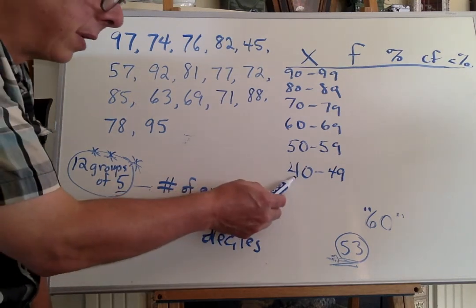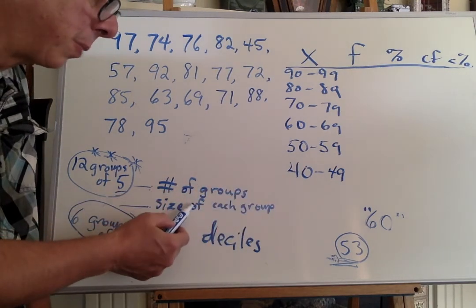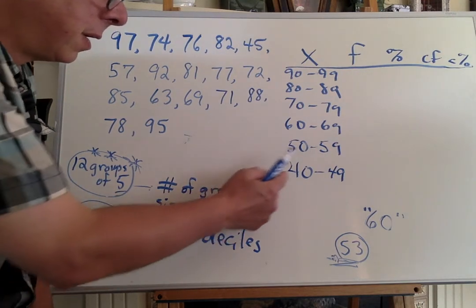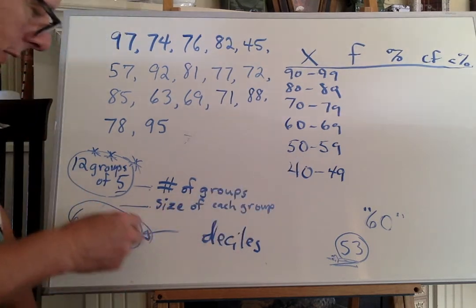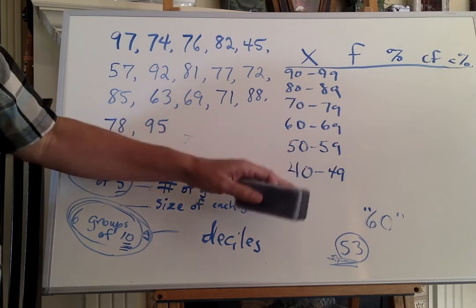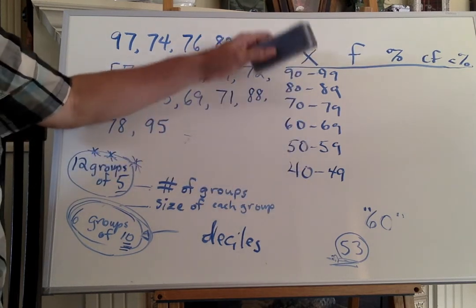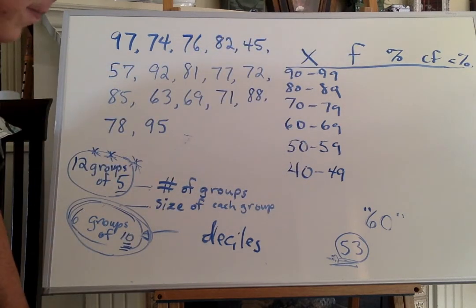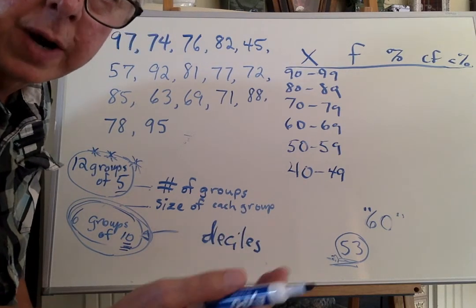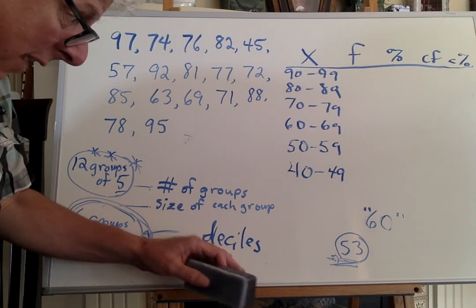The first number in our group should be a multiple of the group size. It's a multiple of 10, right? We're using this strategy here. 6 groups of 10. Okay? And it sort of corresponds to letter grades too, right? I mean, that's how powerful deciles are here.